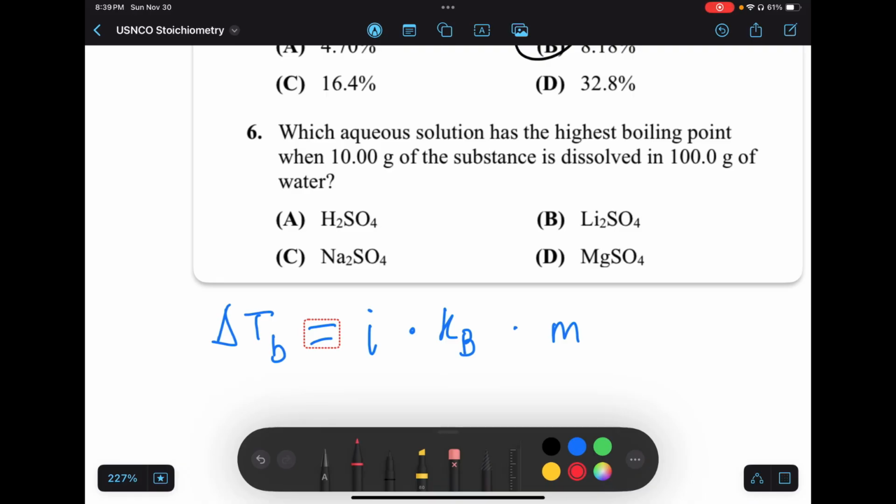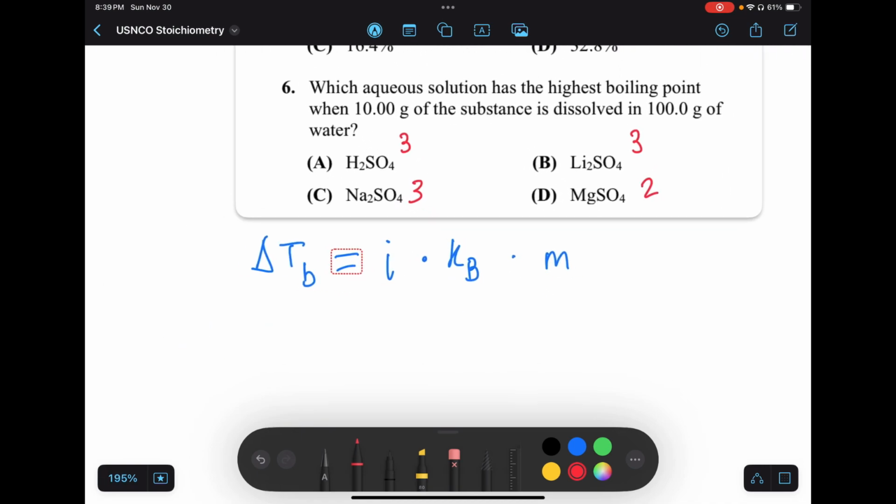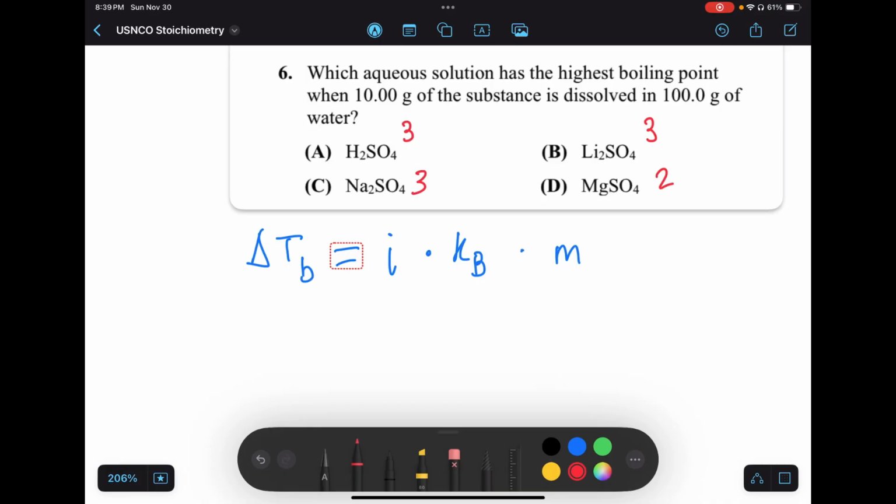For sulfuric acid, it's 3 because we have 2 hydrogens, then 1 sulfate. 3 here because we have 2 sodiums and 1 sulfate. 3 here because we have 2 lithiums and 1 sulfate. And then 2 here because we only have 1 magnesium and 1 sulfate. Okay, so the Kb for water is 0.512.